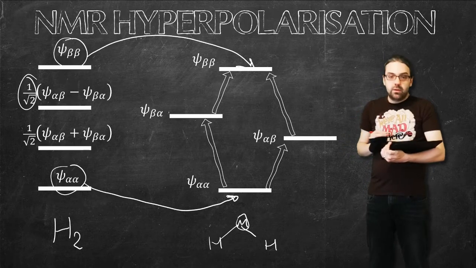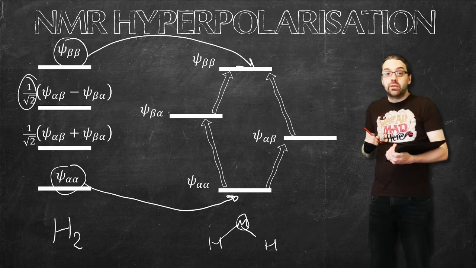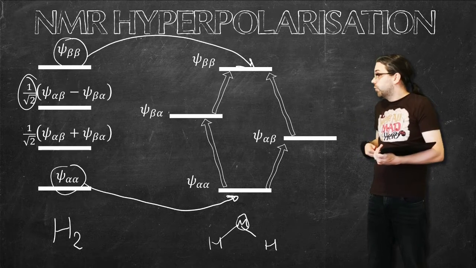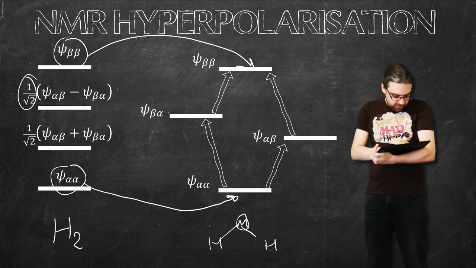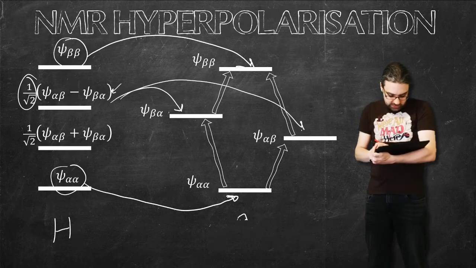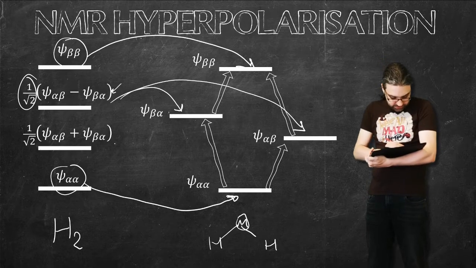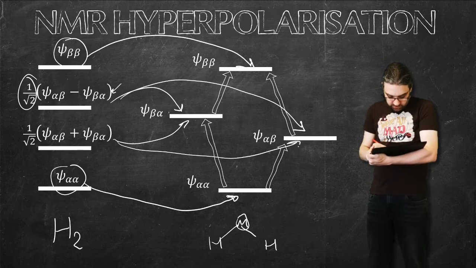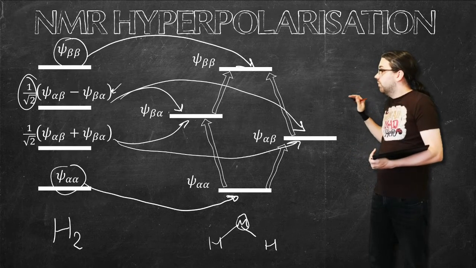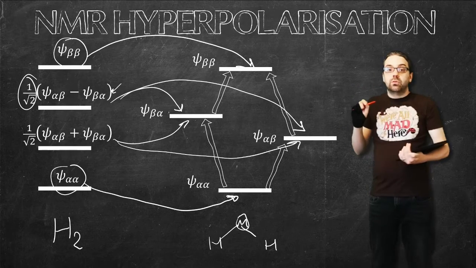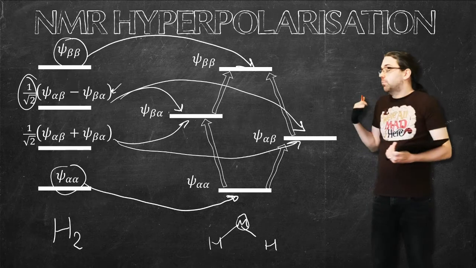Well, these coefficients here, when we square them, give us probability. 1 over root 2 squared is half. So half of the molecules in this spin state will populate to here, half will populate to there. And the same is true for this one. Half will go there, half will go there. The end result of that is that all of those spin states in the molecule are equally populated.